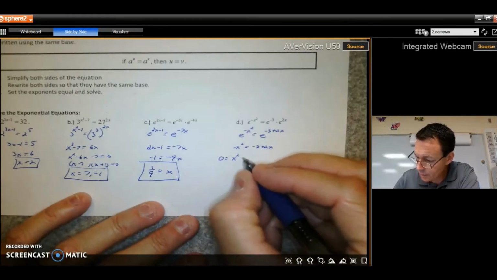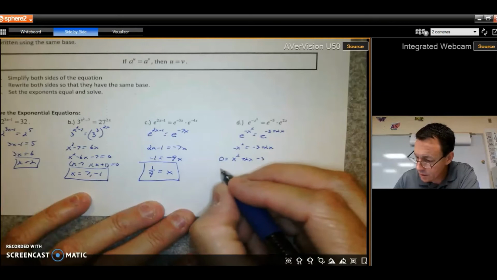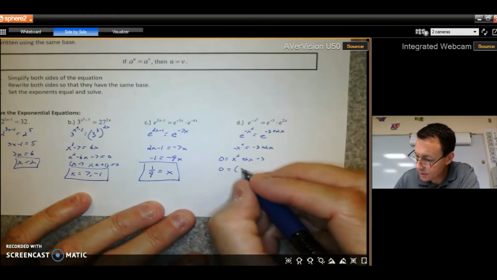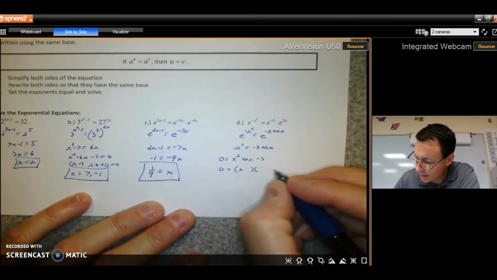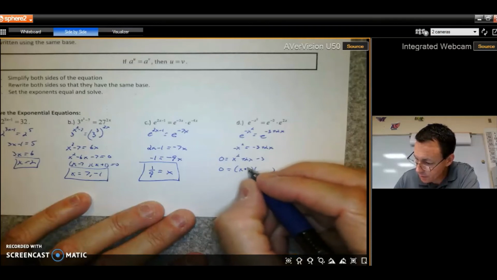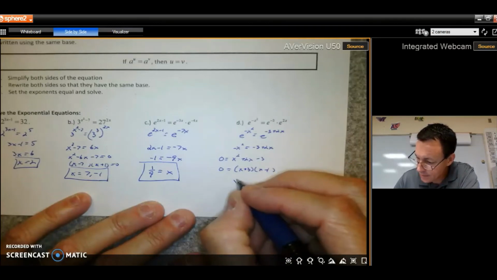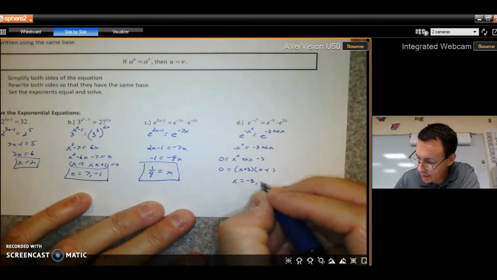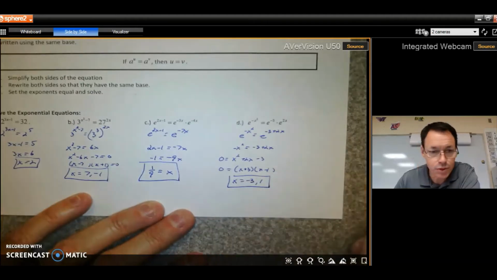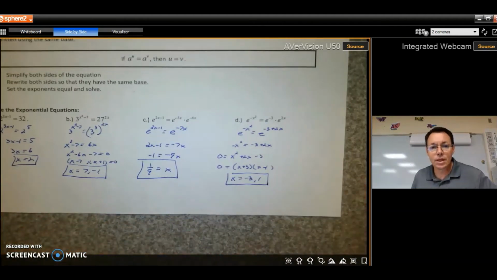X squared plus 2x minus 3. Factors of negative 3 that add up to positive 2 are going to be plus 3 and minus 1. So x equals negative 3 and 1, and those are my solutions.